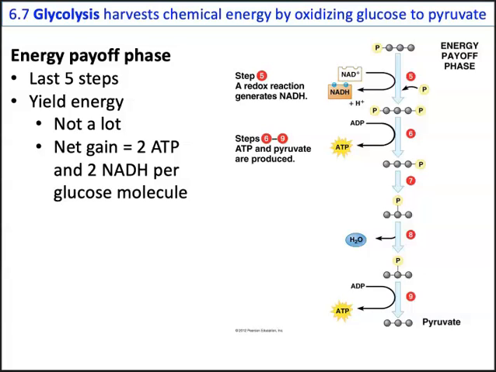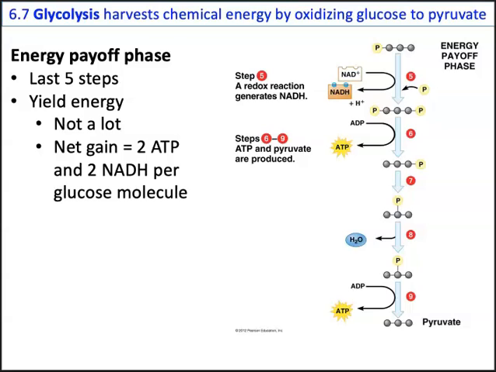So after that energy investment phase, we have an energy payoff phase. That's the last 5 steps of glycolysis, and these last steps yield some energy. Not a lot. We end up making 4 more ATP molecules, which minus those 2 that we invested originally, gives us a net gain of 2 ATP molecules.